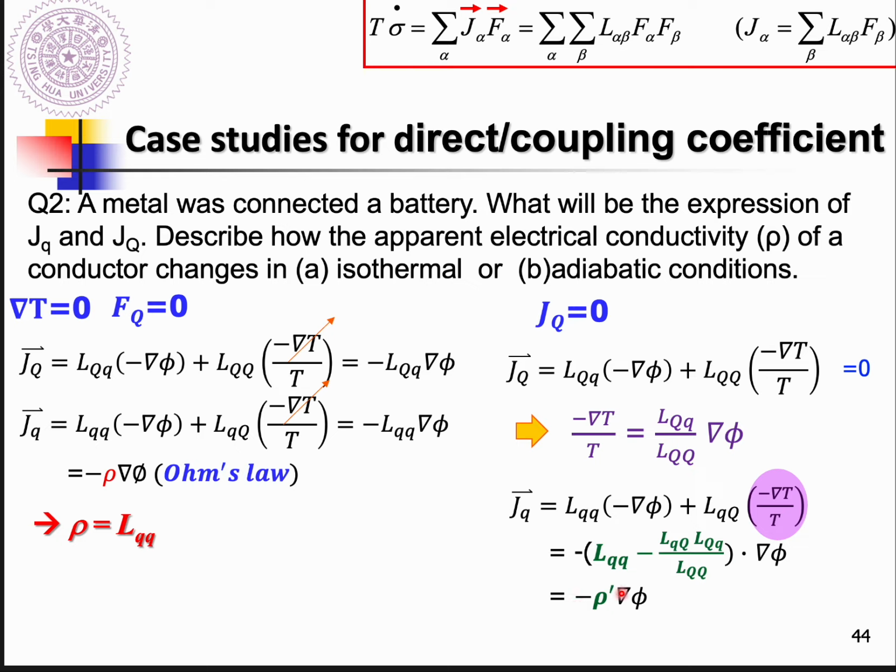So the inside part, sigma prime, is the electrical conductivity we measured in our system. How to measure that? As long as you measure the current density and divide it by the minus electrical potential gradient, you will get the value, right? That will be sigma prime.